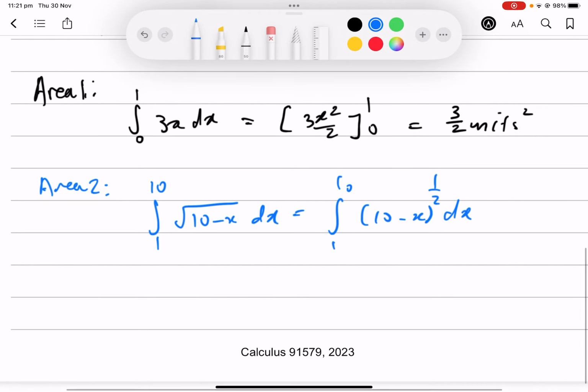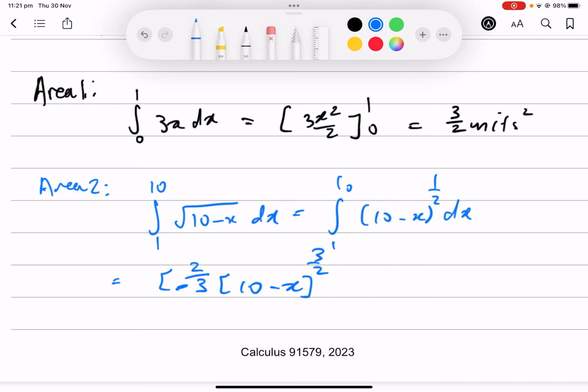For this question, we can just increase the power by 1. So if we increase the power by 1, we'll have 3 on 2. Divide by the new power, so that's 2 on 3. So we'll have 2 on 3, 10 minus x to the power of 3 on 2. And don't forget, because we have a 10 minus x on the inside, we have to take a negative on the outside, because the derivative of negative x is negative 1, and if we multiply by negative 1, we need to reset it to a positive.